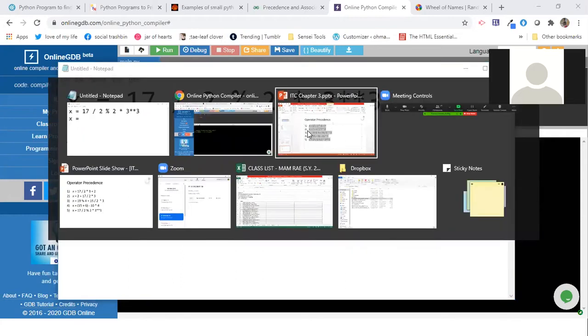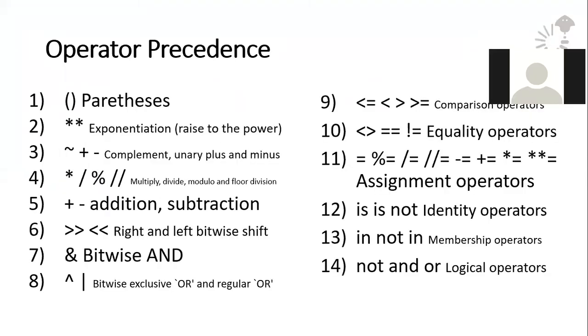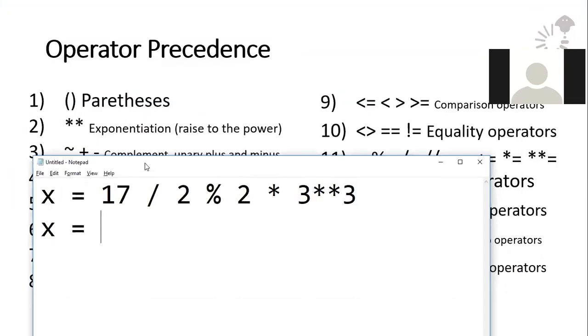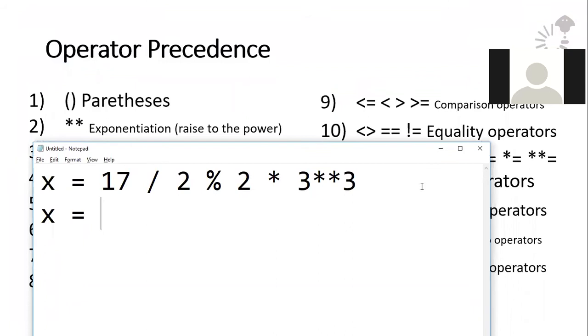Ano sabi ng ating kodigo? Operator precedence. 13.5, ma'am. Okay. So 13.5 is your answer, but how? The question is how? We have division, modulus division, multiplication, exponent. Ano unahin natin?